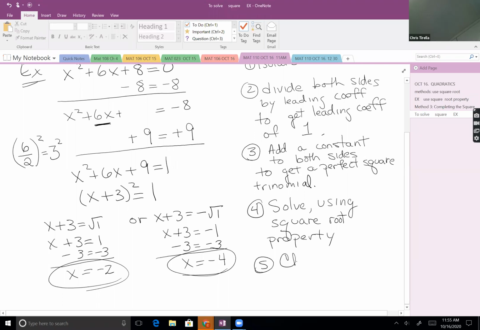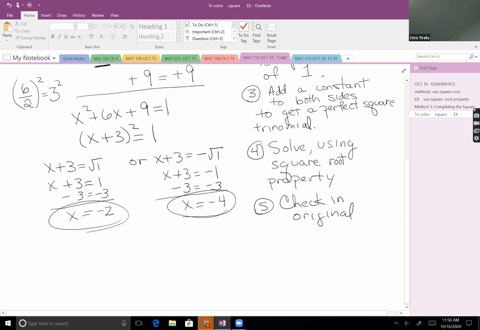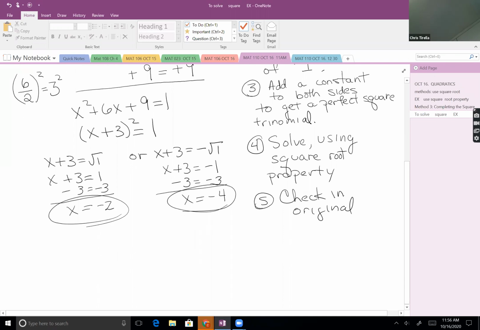And again, we should always check in the original. And so our original was x squared plus 6x plus 8 equals 0. So let's take negative 2 squared plus 6 times negative 2 plus 8.